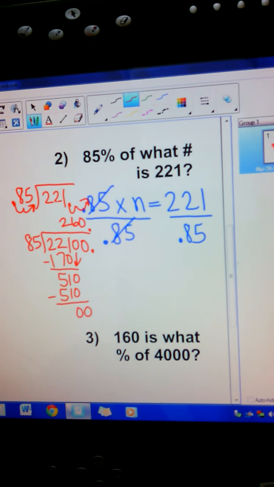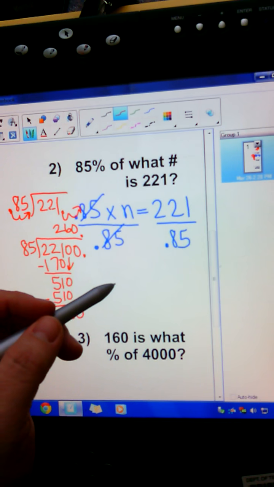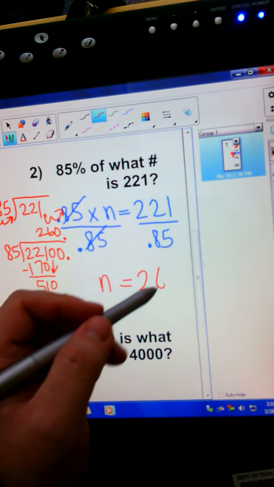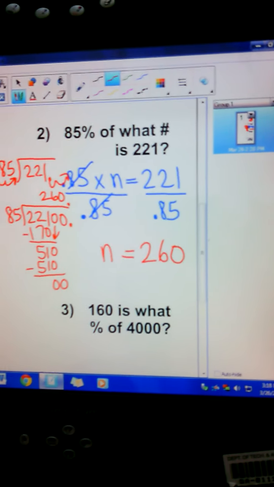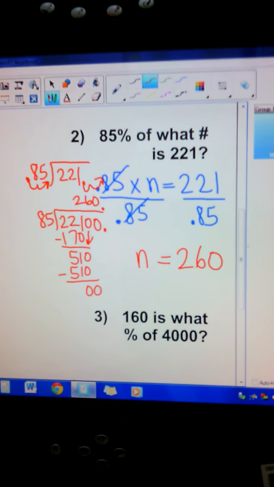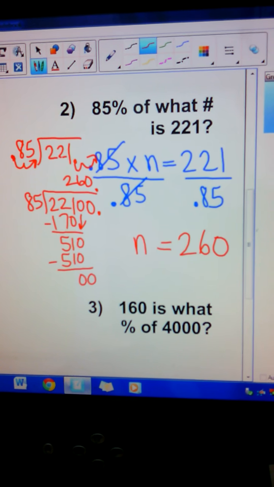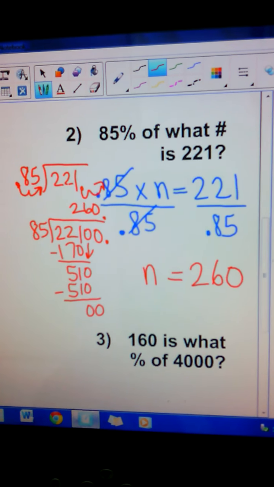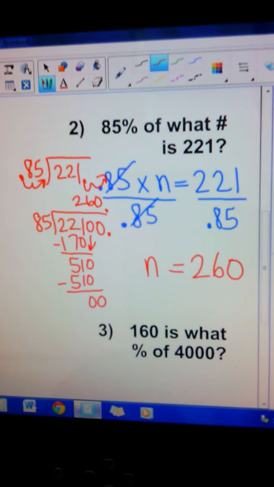And as a matter of fact, we're done. So our final answer is n equals 260. All right, let's look at the next problem.